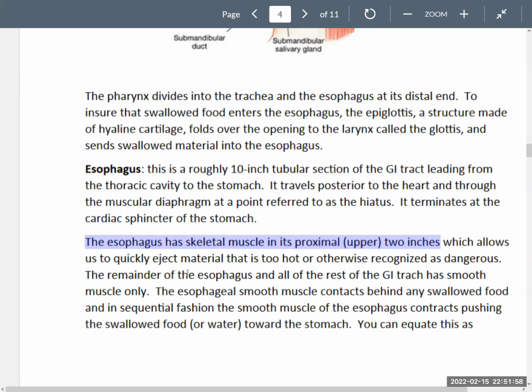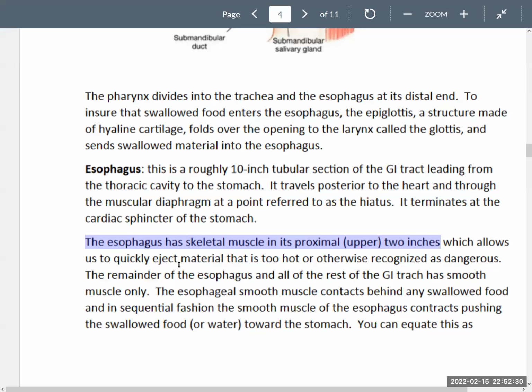Some people have poisoned themselves by working with pesticides, pesticide in the bottle. They're drinking something else at the same time. They don't even look, they reach, get the bottle, got the wrong bottle, and they poison themselves. But fortunately, people realize that quickly, or the body does, and most of the material can be quickly ejected because the top part of the esophagus has skeletal muscle.